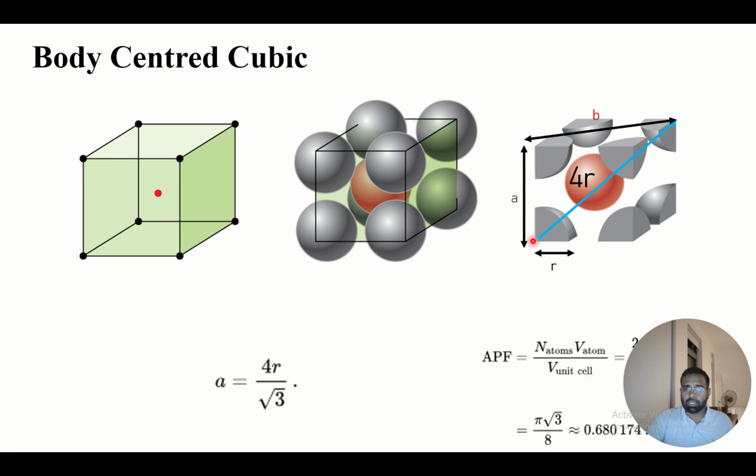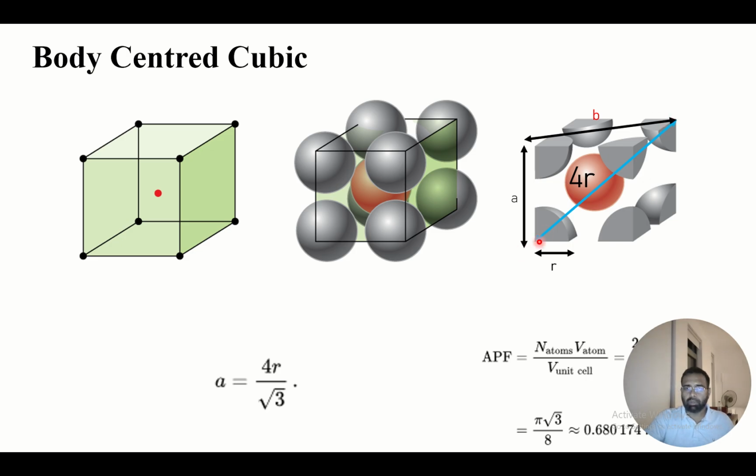If you draw a line diagonally through the cube, you will come to know that the lowest left corner atom is touching the body center, and the uppermost right corner is also touching the body center.